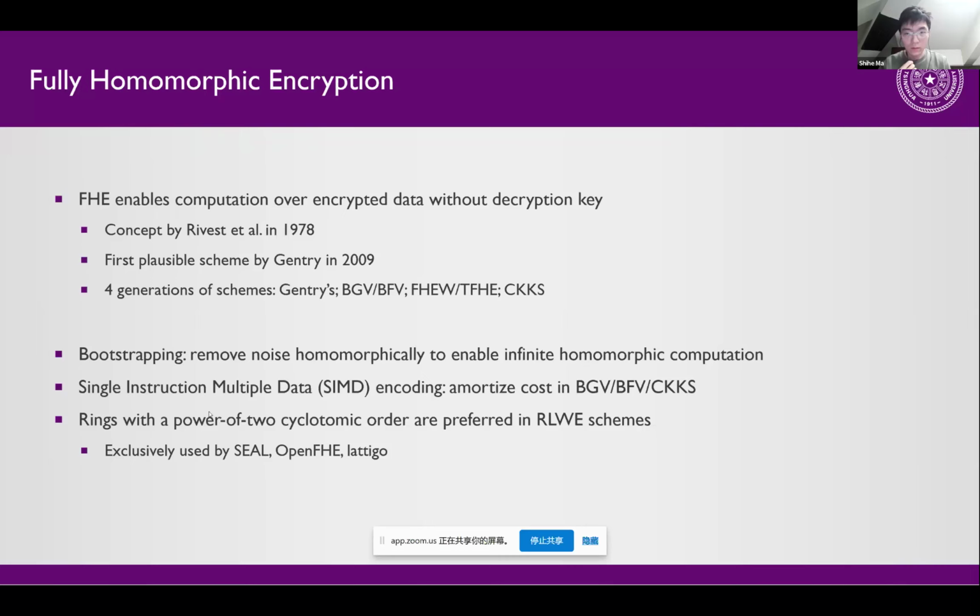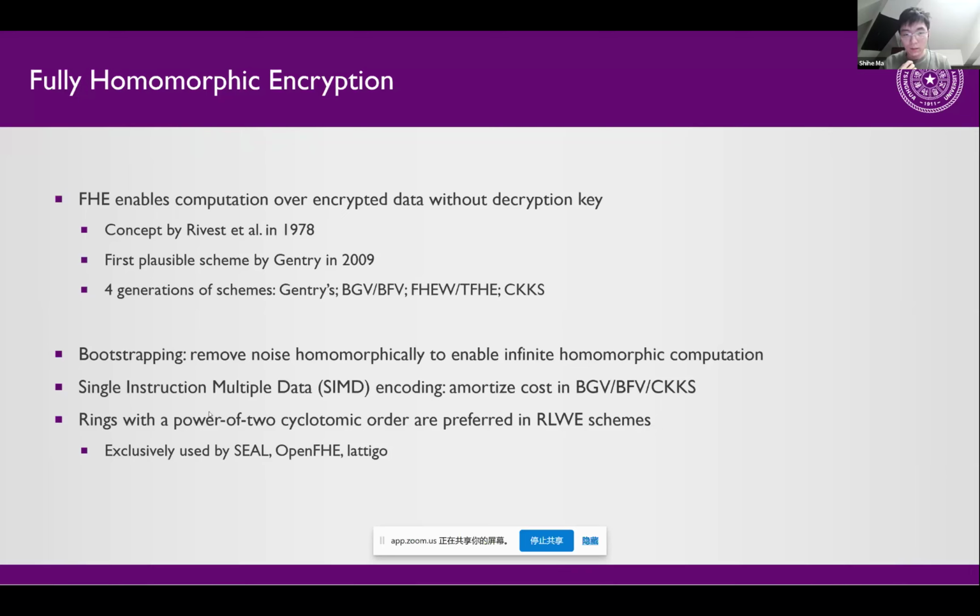And there are some topics related to this work. The first one is the bootstrapping method. It allows removing the noise in ciphertext homomorphically to enable infinite homomorphic computation. And the second one is the single instruction multiple data encoding, or SIMD.